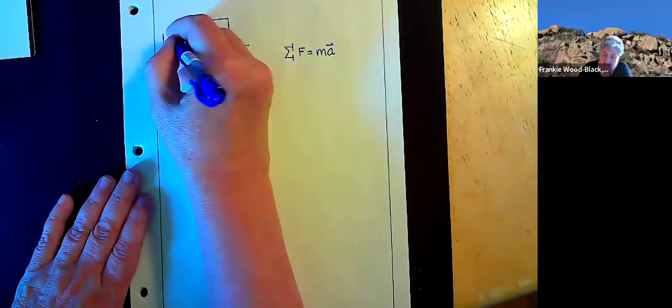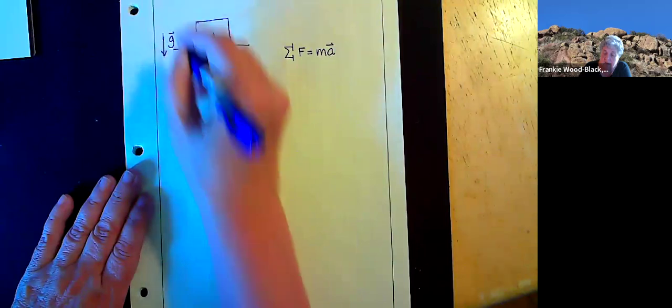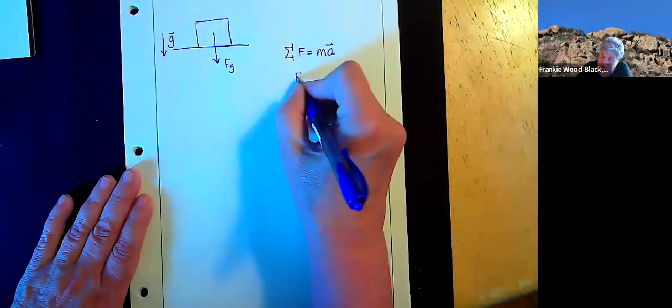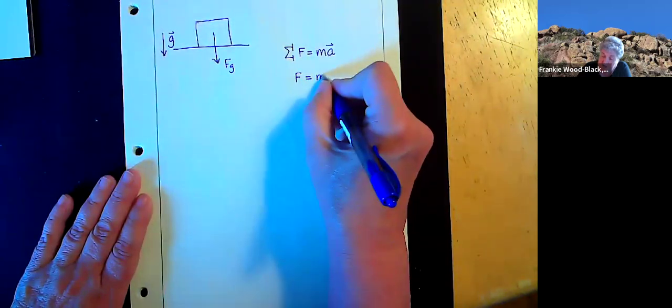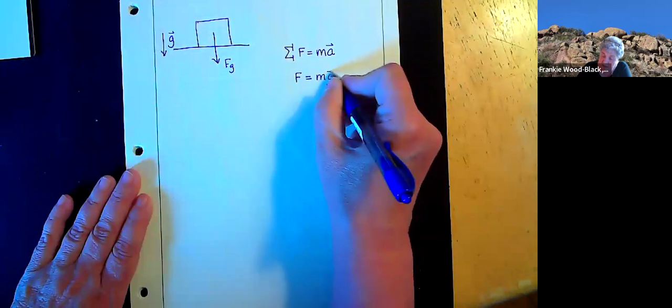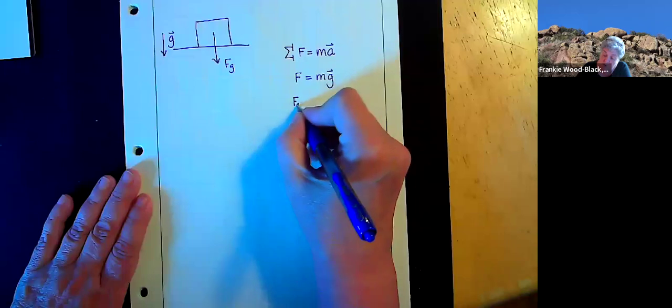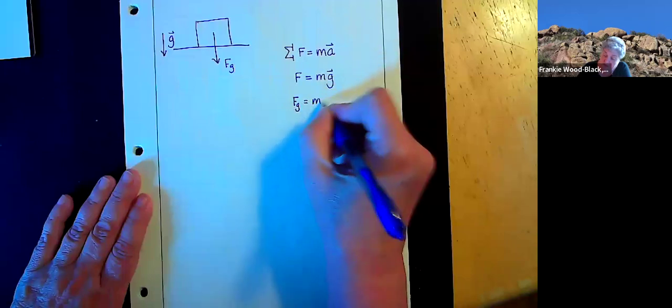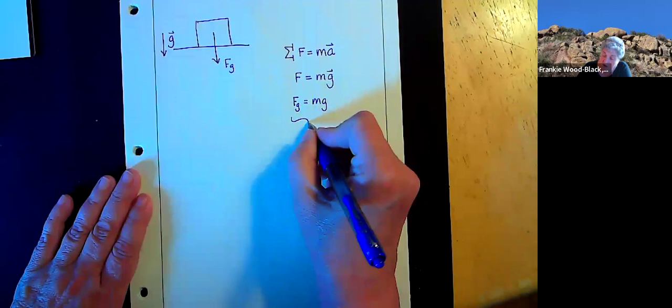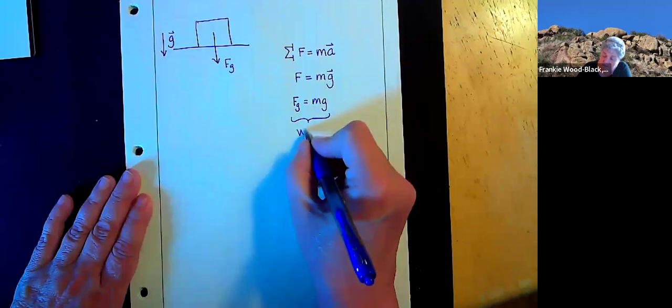My block has an acceleration due to gravity. So the force being applied to my block is the mass times my acceleration due to gravity. And that's what we call our force due to gravity, or this is a weight.